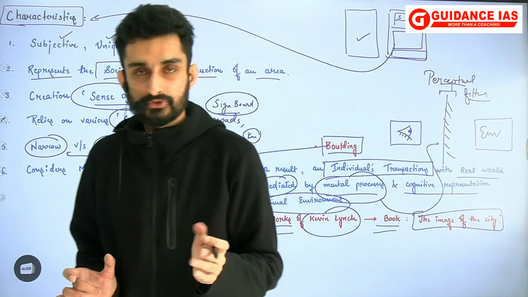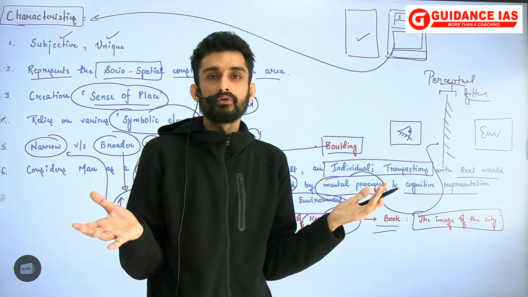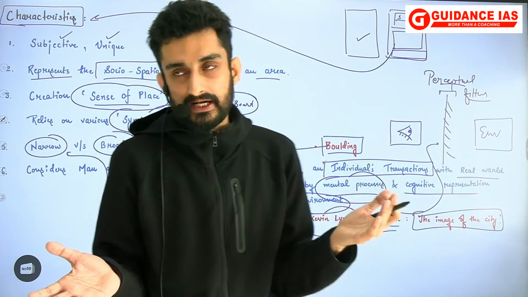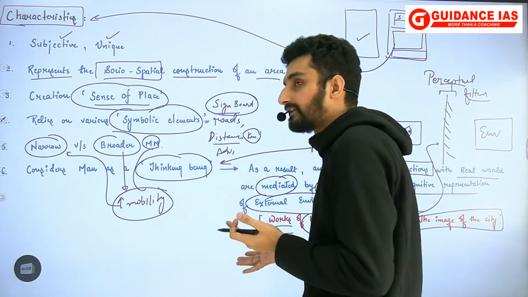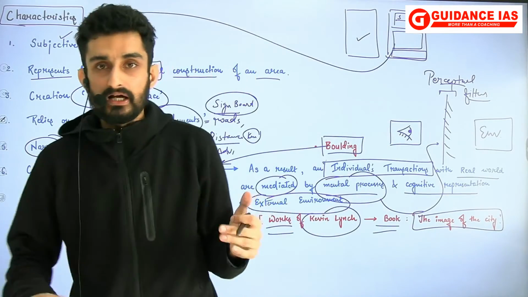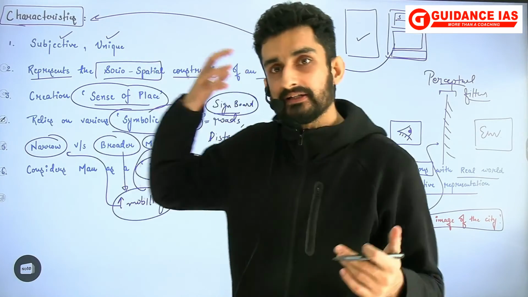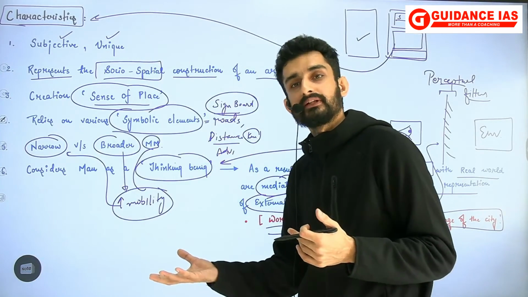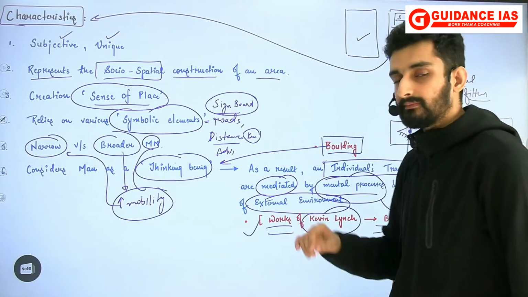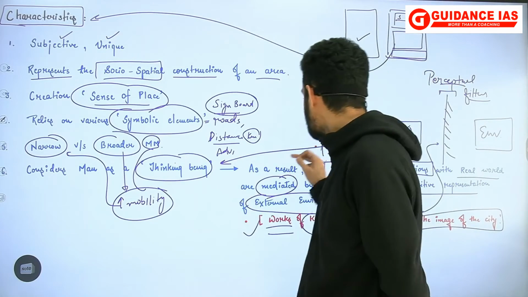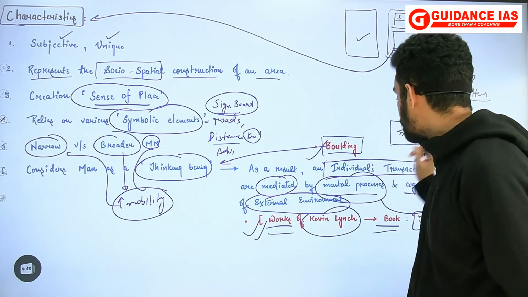Wuhan for the world could be a very good hub for APIs, active pharmaceutical ingredients, before the COVID-19 pandemic. But after the pandemic, people have a negative mental image regarding that city. So Kevin Lynch also wrote about that example. So you can write Boulding's view, and you can write the work of Kevin Lynch.